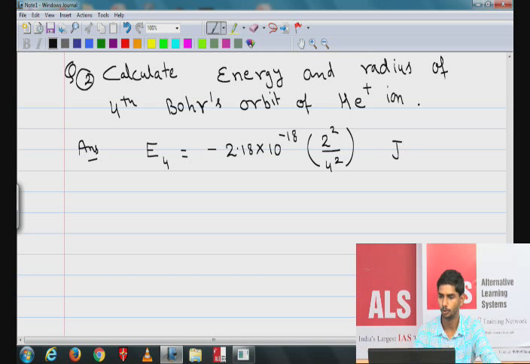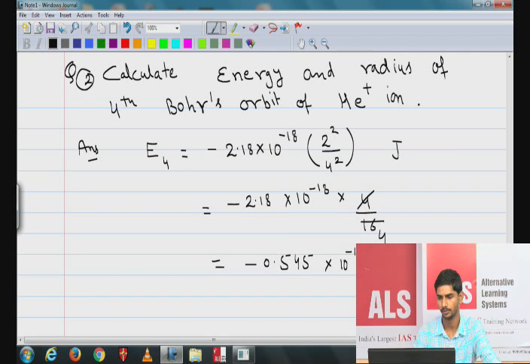Joules. Now it will be 2.18 into 10 to the power minus 18 into 4 upon 16. So when you solve it, you will get 0.545 into 10 to the power minus 18 joules.